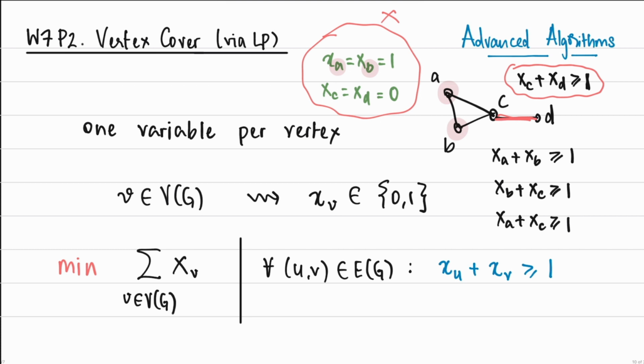If you have a set of vertices that form a vertex cover, then you can use those vertices to design an ILP solution by saying, for every vertex that belongs to the vertex cover, I'm going to set the corresponding ILP variable to 1. And for every vertex that doesn't belong to the vertex cover, I'm going to set the corresponding ILP variable to 0. And that gives you a solution that's going to satisfy all of these constraints, because that's pretty much by definition.